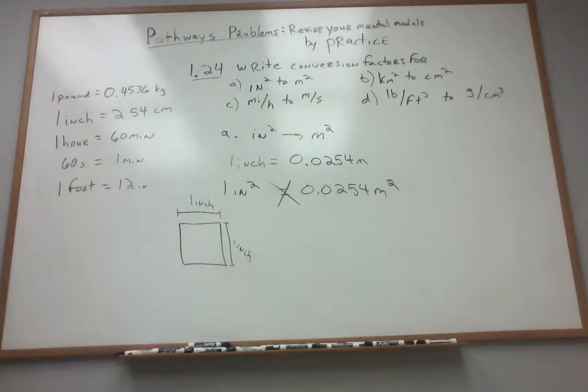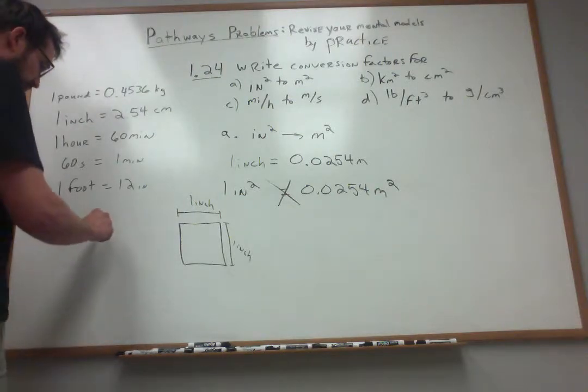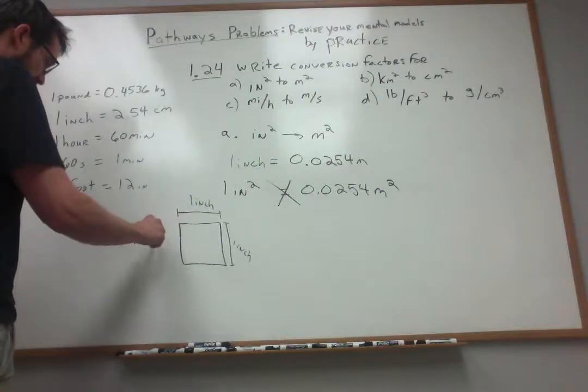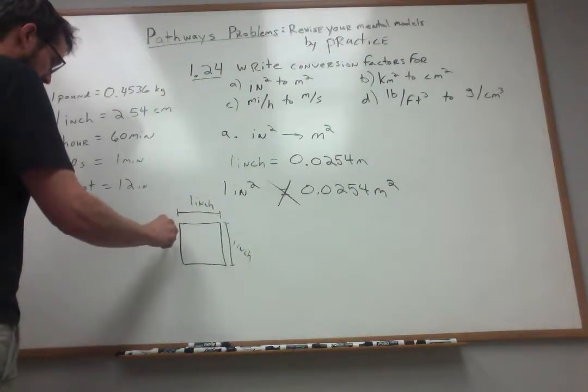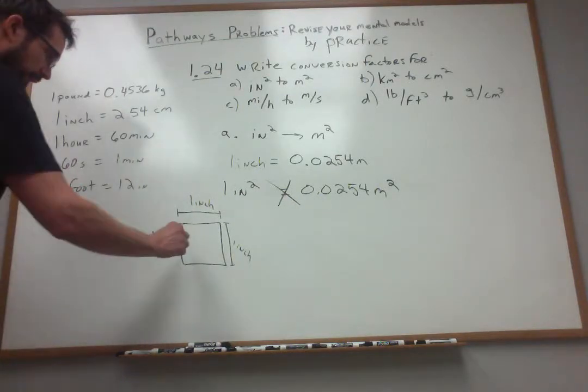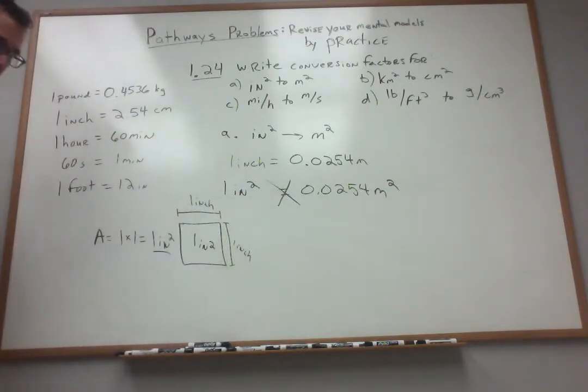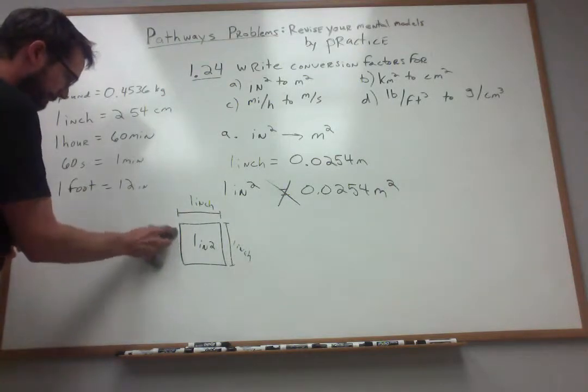So that's 1 inch by 1 inch. If I asked you to compute the area of that, 1 inch by 1 inch, that is 1 inch squared, or 1 square inch. That is the surface area of that box. You with me on that? Simple stuff, right?